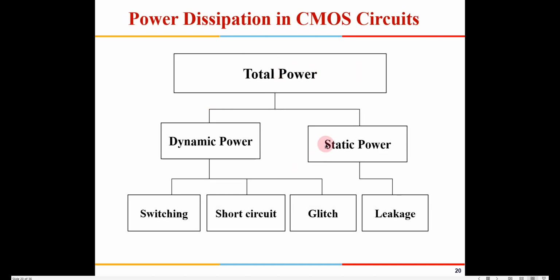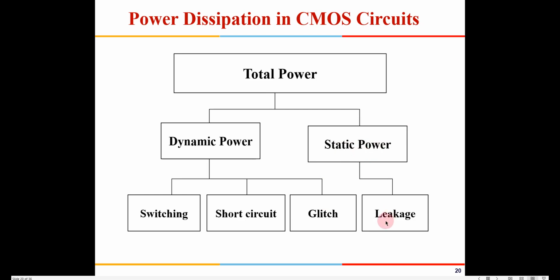Now coming to the last few slides, we are going to discuss the power dissipation in CMOS. The power in a CMOS circuit is basically of two kinds. One is known as the static power, the other is known as the dynamic power. The name itself suggests that static power means whenever there is no switching of the input.